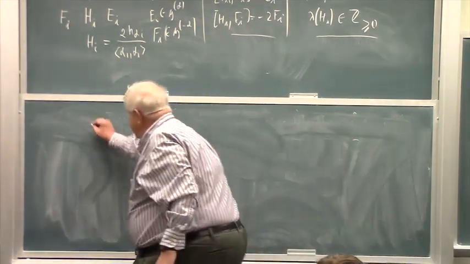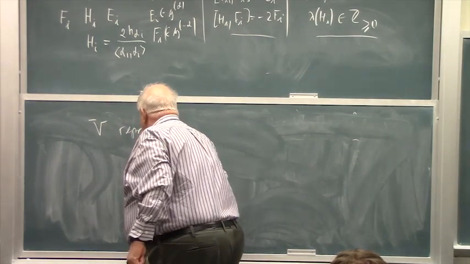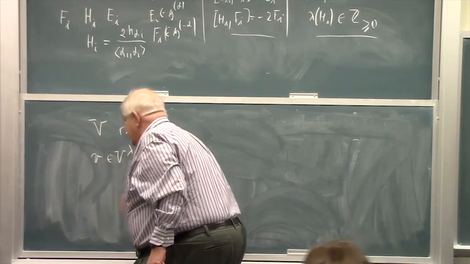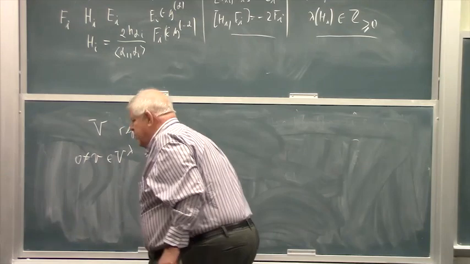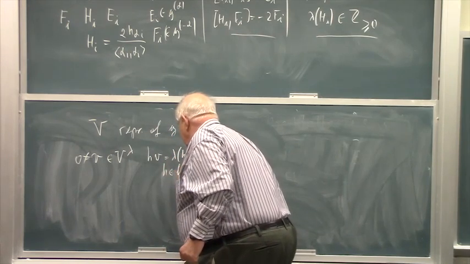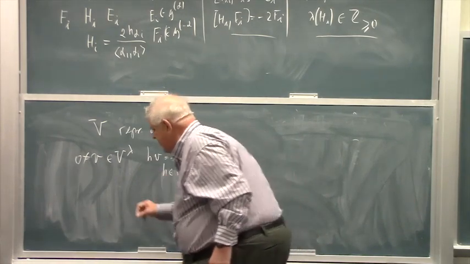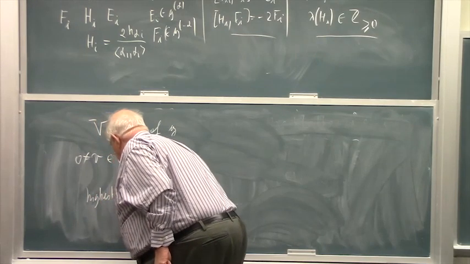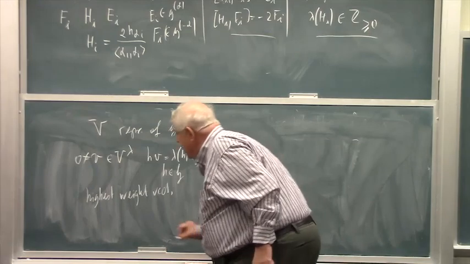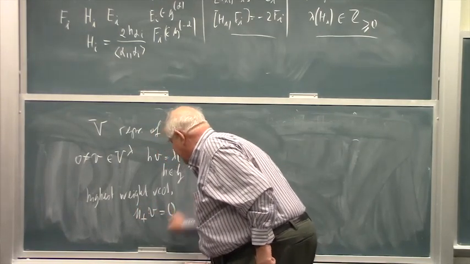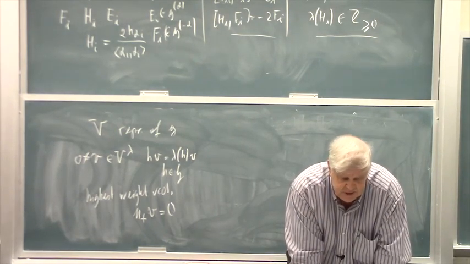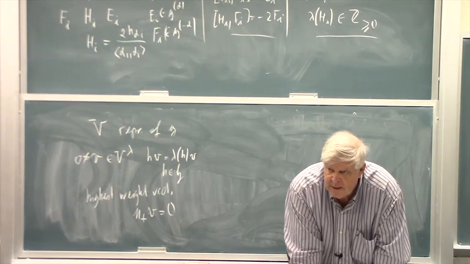So if V is a representation of G, then a non-zero vector v is called a weight vector of the weight lambda if h v is equal to lambda of h v for every h in H. Now a highest weight vector is the same thing with the additional property that it is annihilated by the positive part of G, that is the subalgebra of G which is the direct sum of all G alpha for positive roots alpha.